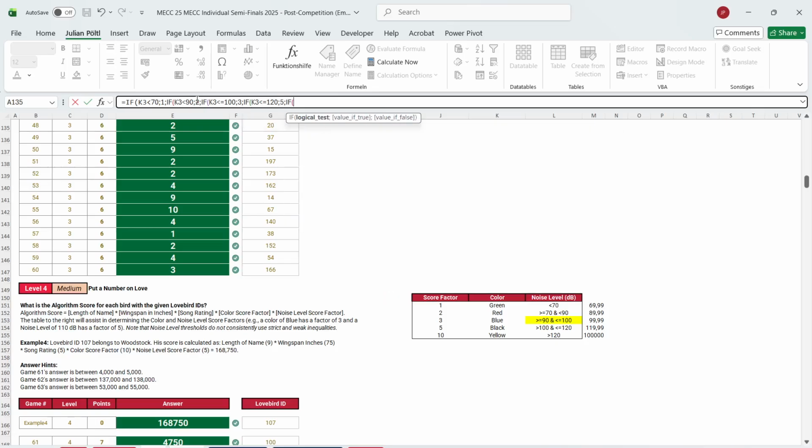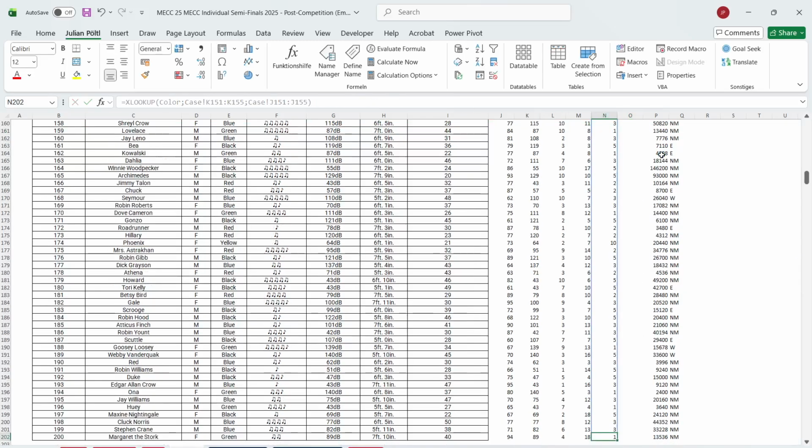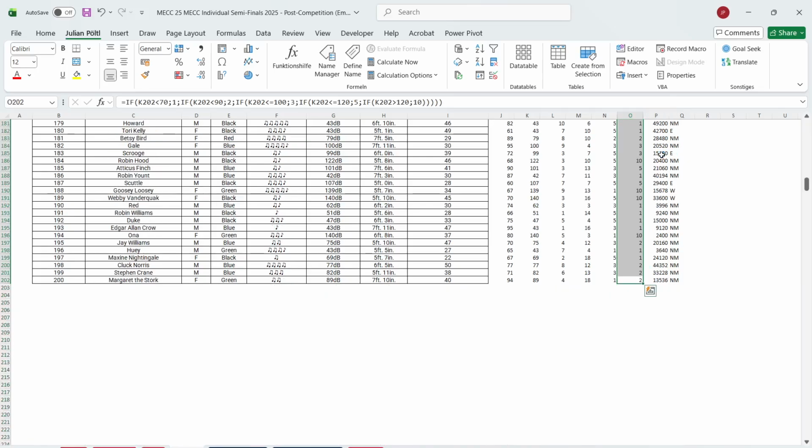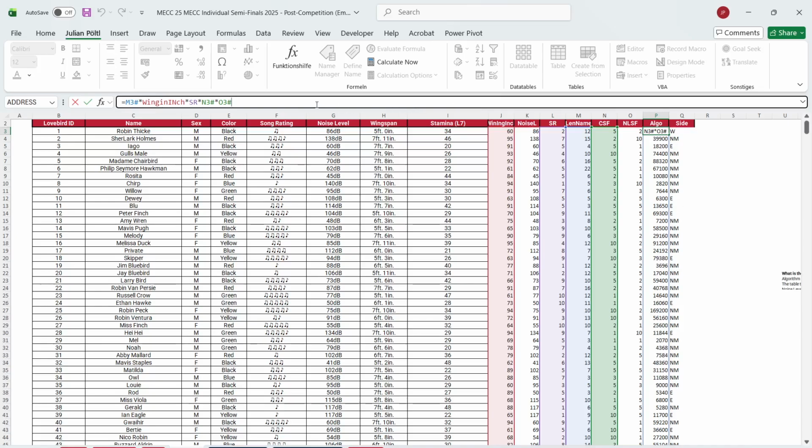Otherwise, if larger 120, then it's 10. Otherwise, there's no otherwise. Close everything. Okay.